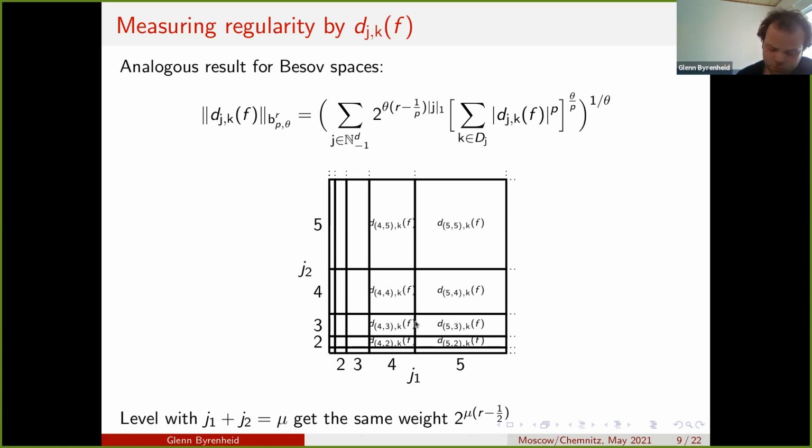So here we have dilation levels, and the length of each kernel describes how many translates we have in what level. And inside of such norms, we have the effect that blocks with similar one-norms in the level are equally weighted.